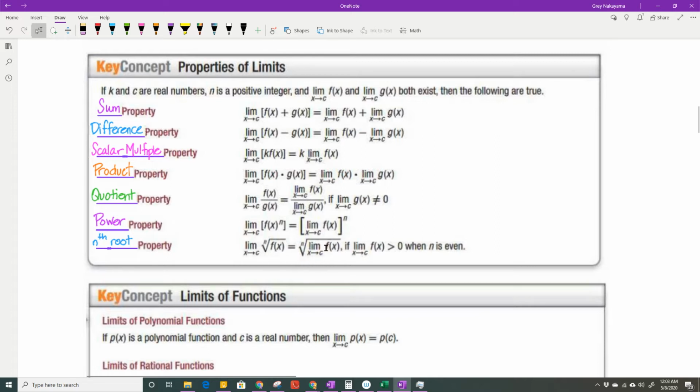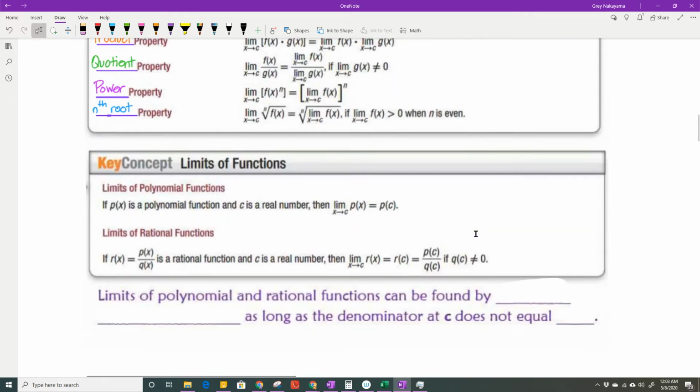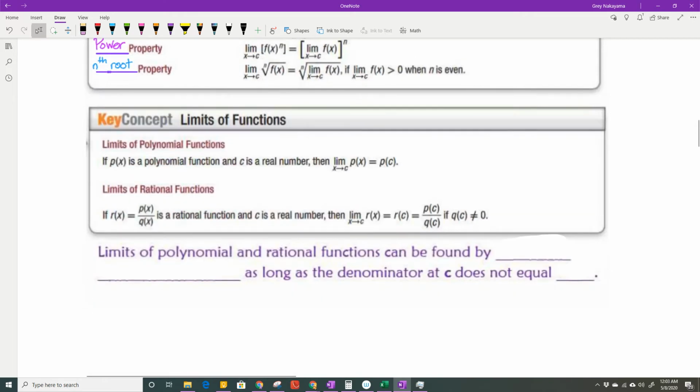Likewise, you can find the limit of the function and then take the root of that function, of course, when n is even, because we cannot take the square root of a negative number, or fourth root for that matter.